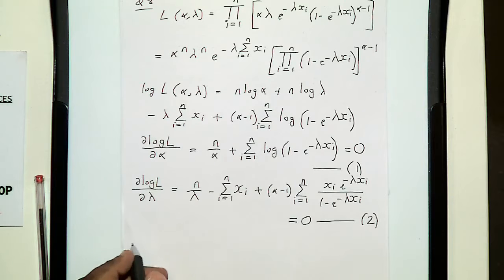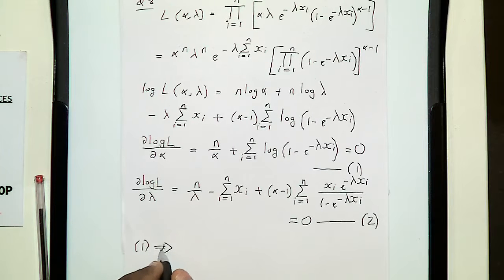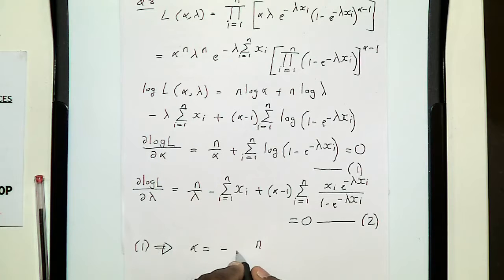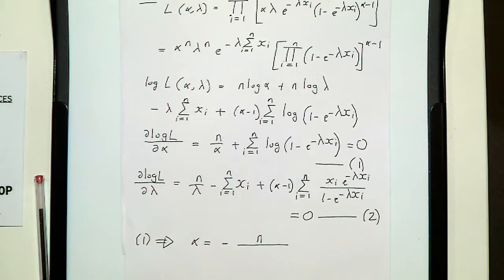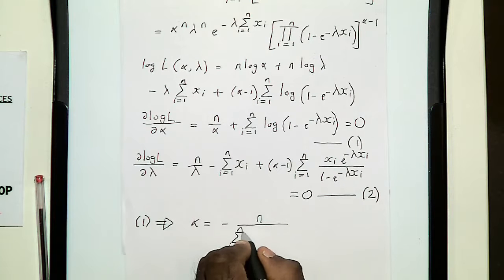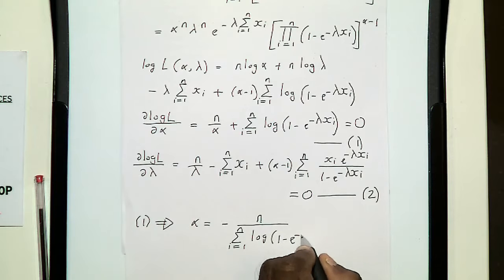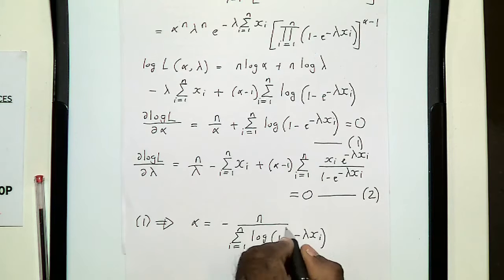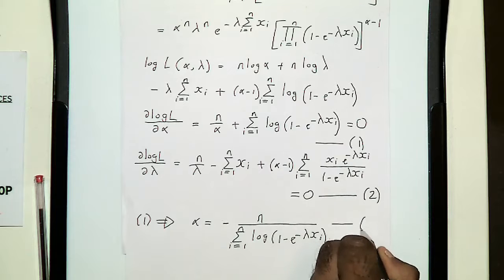For example, from equation 1, you see that alpha is minus n over... and let me call this equation 3.